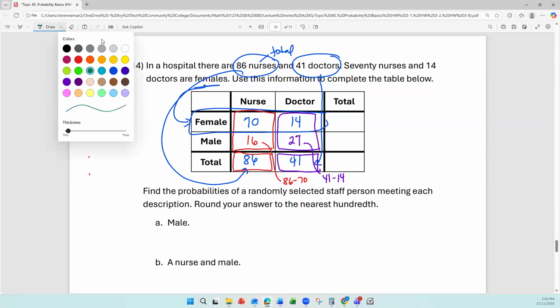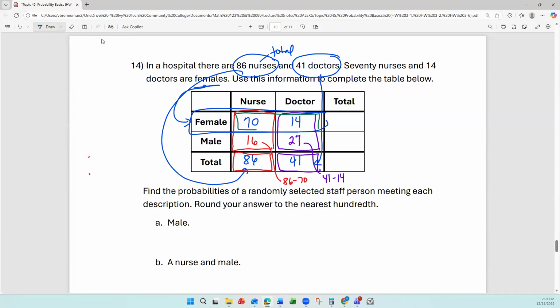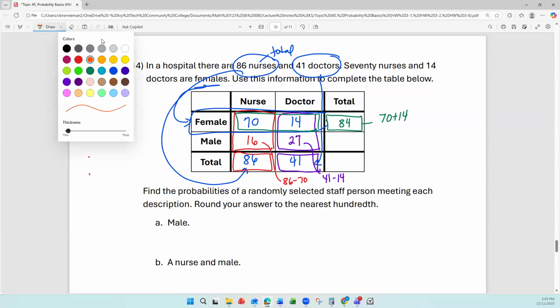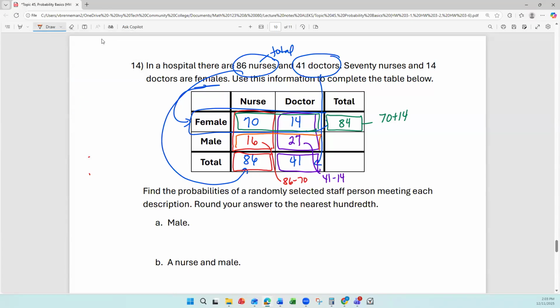And then we finish this out by knowing that the total on the row is what those add up to. So 70 plus 14, 84 total female staff. And then the numbers in the male row add up to the male total. 16 plus 27 is 43.